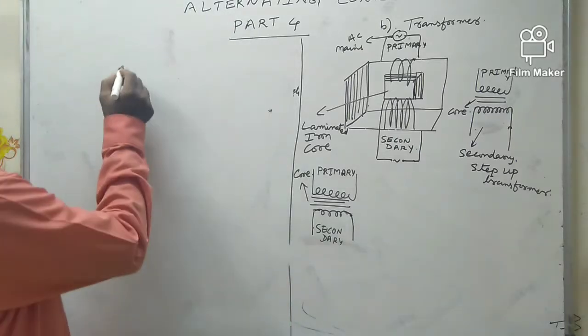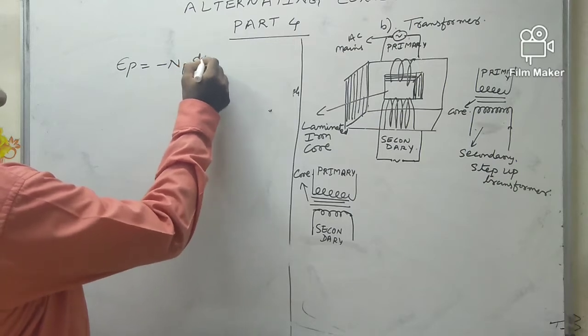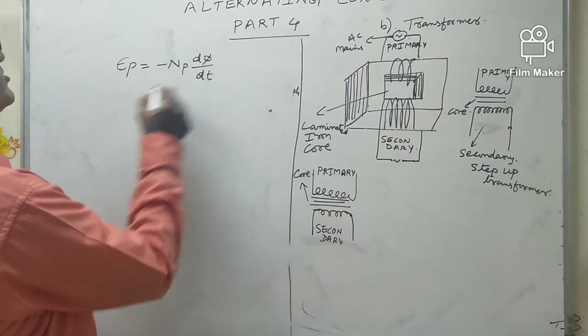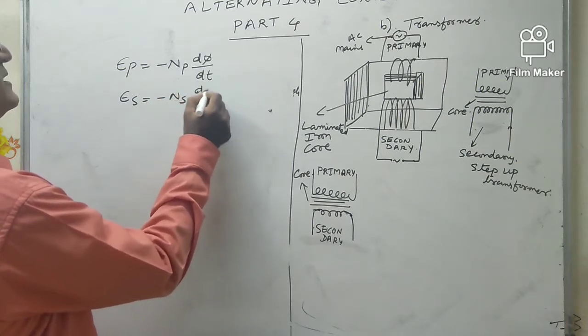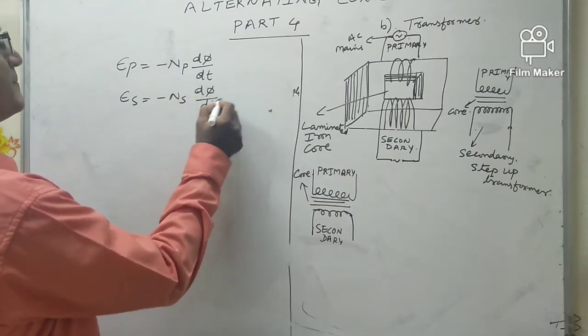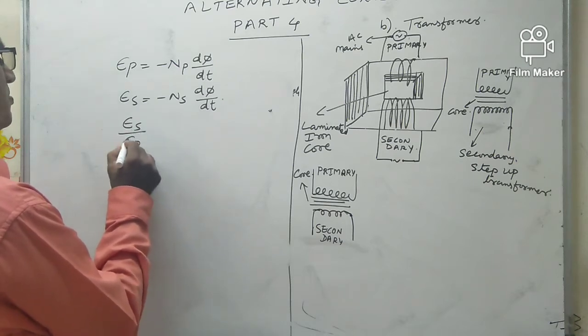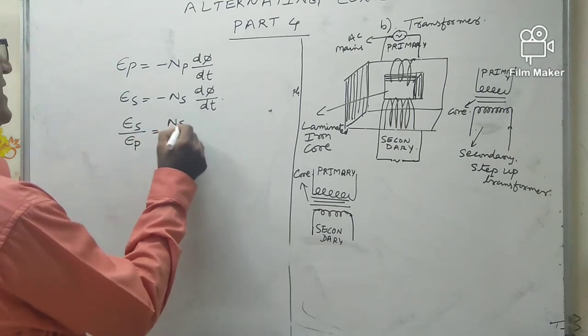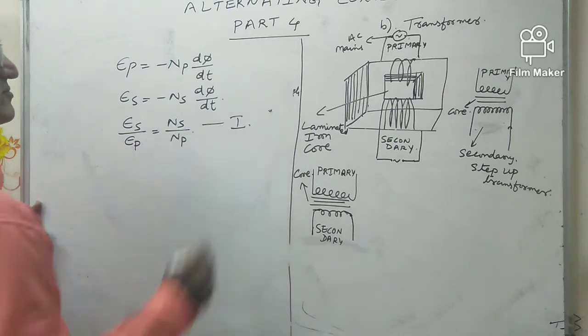Now by Faraday's laws of induction, the induced EMF in the primary is Ep equal to Np d phi by dt. Induced EMF in the secondary is Es equal to Ns d phi by dt. Now Es by Ep is equal to Ns by Np. That is the first equation.